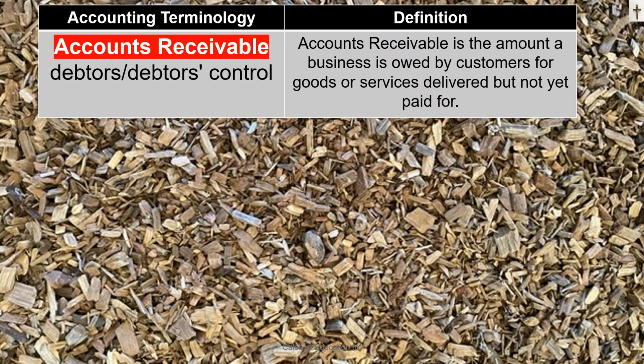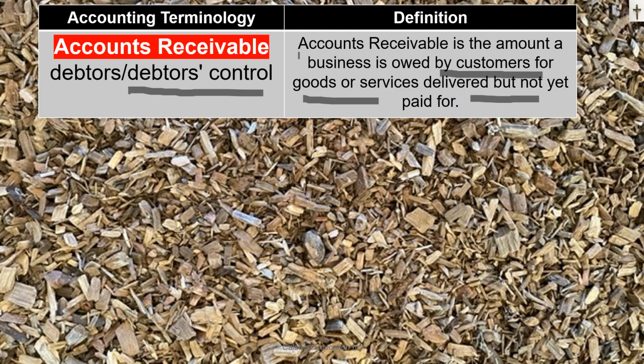On the other hand, accounts receivable records all the credit sales we have made to individual debtors. Another name for this account is debtors control. So accounts receivable is the amount a business is owed by its customers for goods or services delivered.